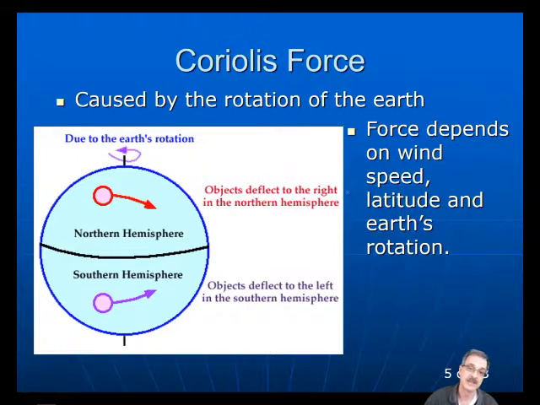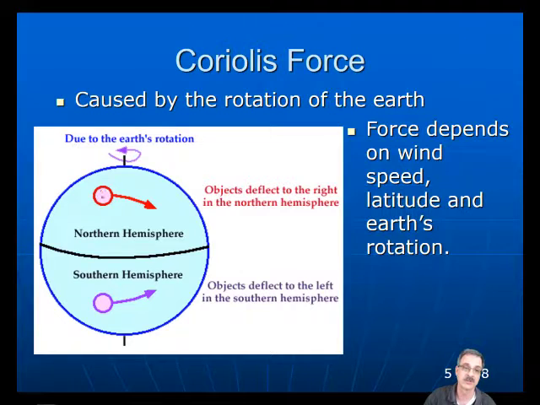The way we're going to deal with this is objects in the northern hemisphere will always be deflected to the right. If we're going from west to east, will always be deflected to the right. And objects in the southern hemisphere going west to east will always be deflected to the left. And that's going to be our rule of thumb to determine which way the Coriolis force should be pointing.